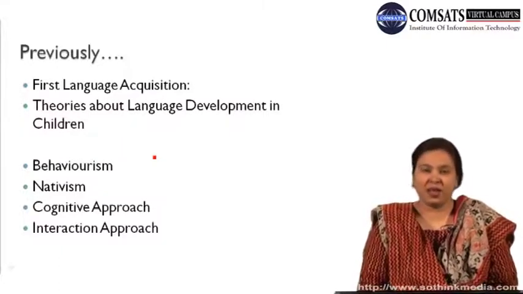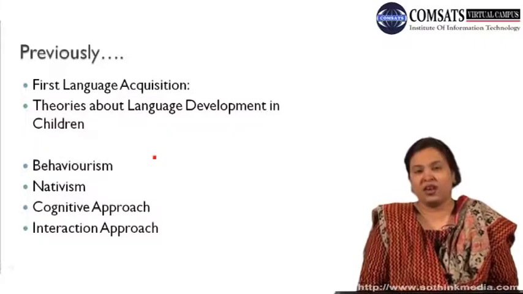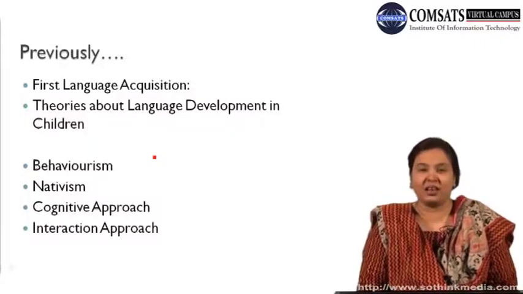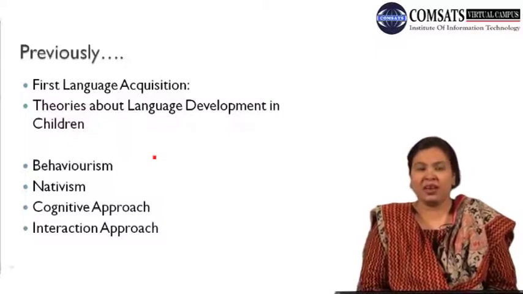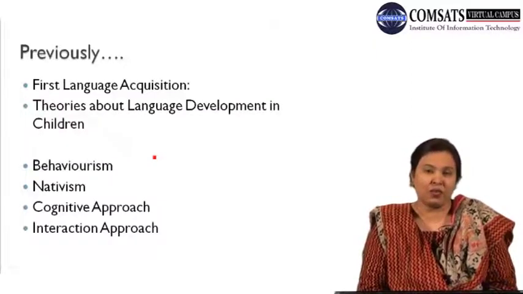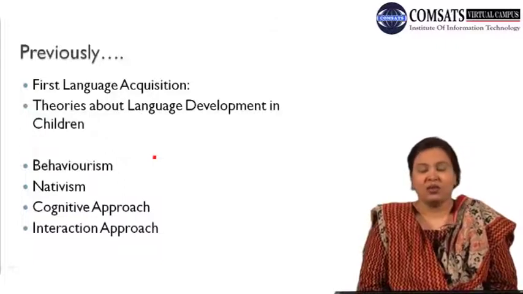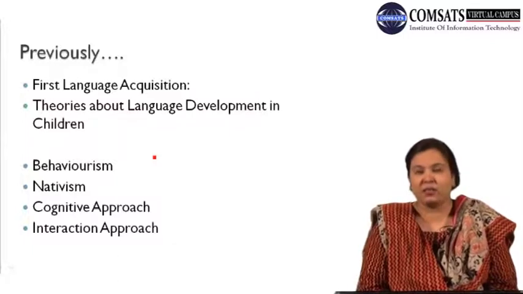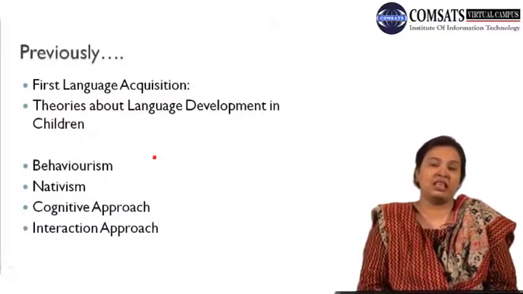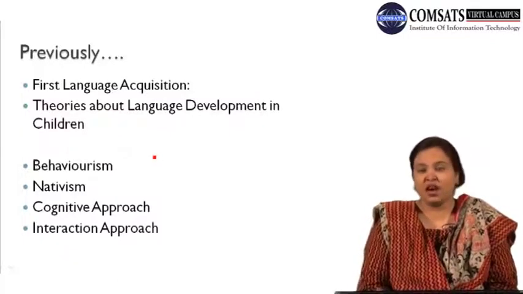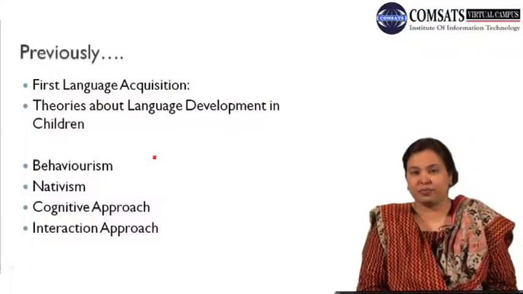Language is such a complex thing, and infants right from their birth start learning it, and within a few years from their birth they become fluent speakers of that language. They acquire the language in a way which we cannot fully explain, though there are different theories which try to explain this phenomenon.